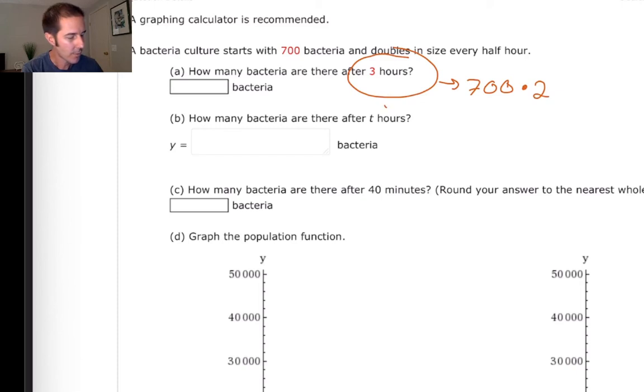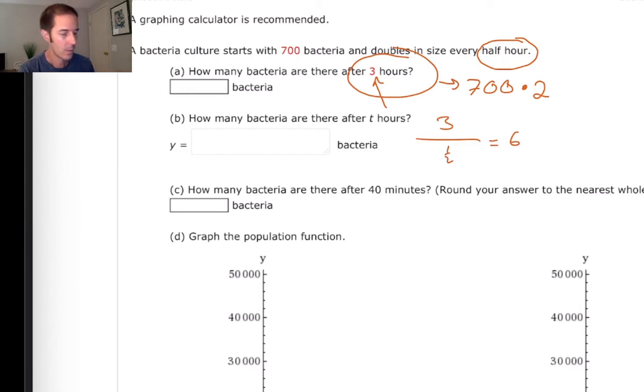How do I change a 3 into a 6? You're thinking double it, but it's close. How many half hours are there in 3 hours? 6. How do you use a 3 and a 1/2 to get a 6?